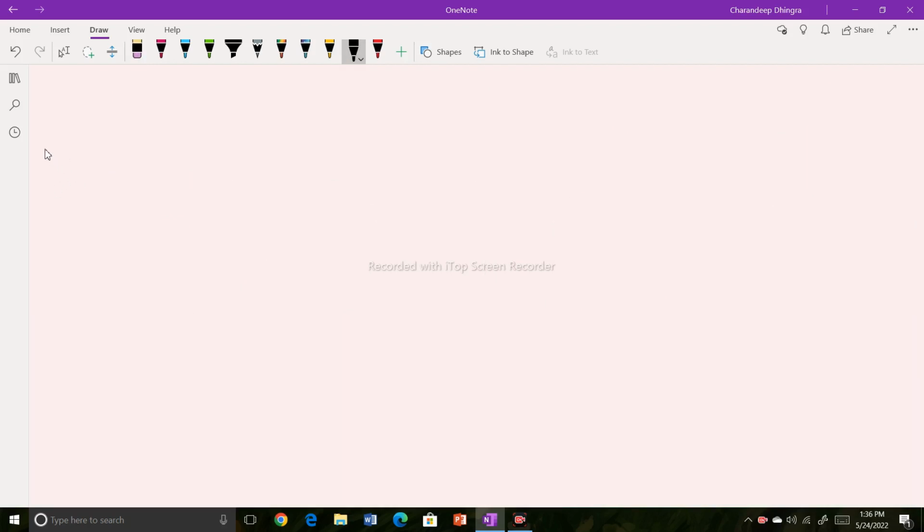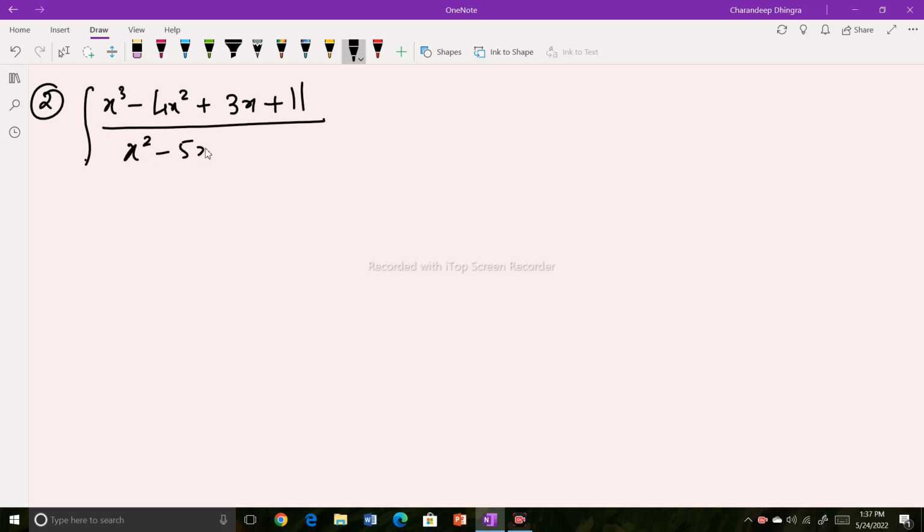The question is second one. Let's say the question is x cube minus 4x square plus 3x plus 11 upon x square minus 5x plus 6 dx.